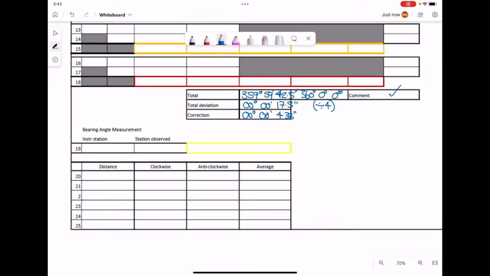The first distance we're going to do is the distance A to B. For that, we have measured the distance twice at 47.596, and a second measurement of 47.596. Work out the average, and that will give us 47.596.